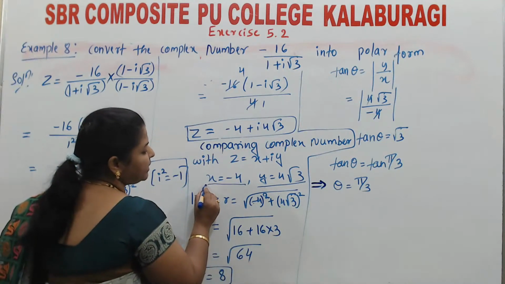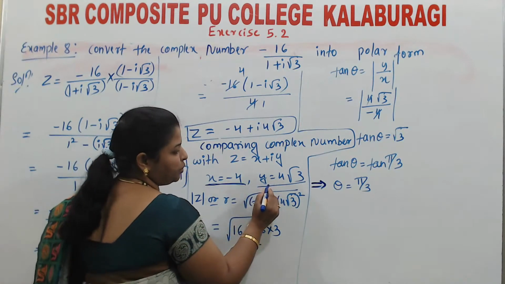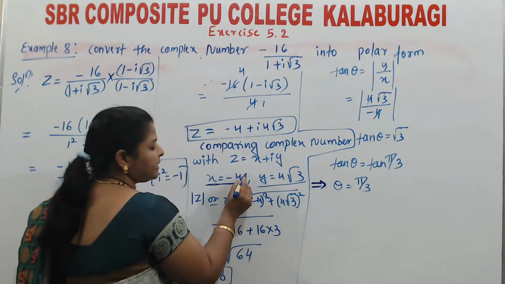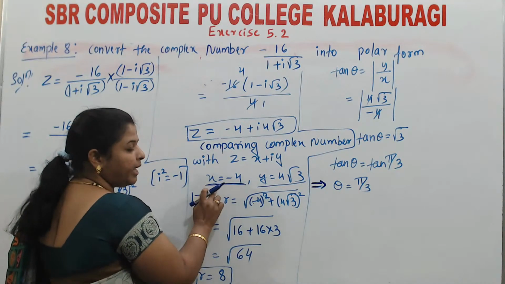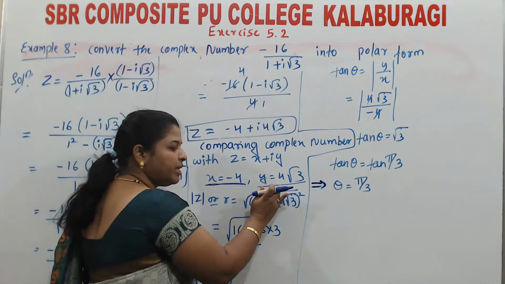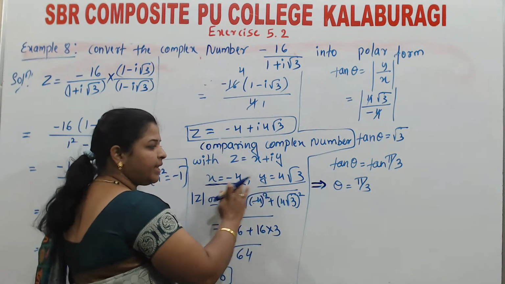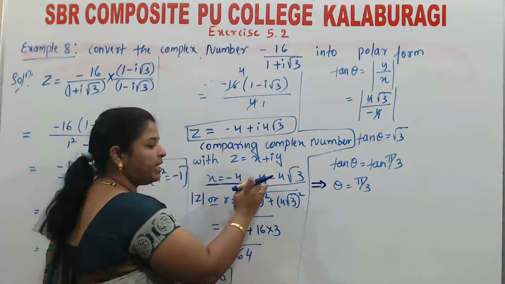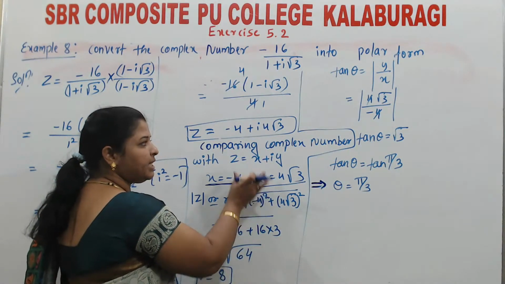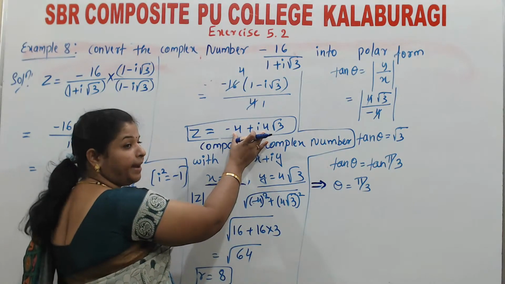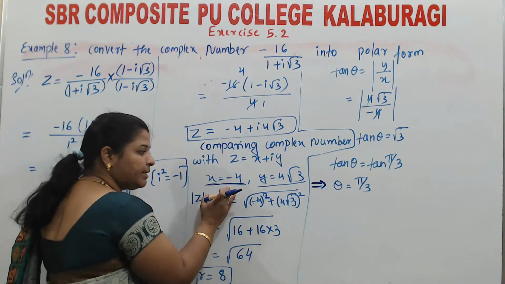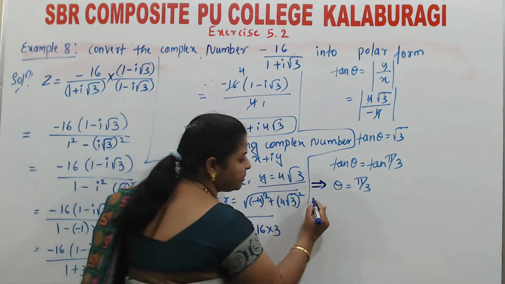We have to write the argument value, right? See here, x is negative, y is positive, right? So the real axis is negative, the imaginary axis is positive. Real is negative, imaginary is positive means this given complex number exists in the second quadrant. In the second quadrant, x is negative, y is positive, right?